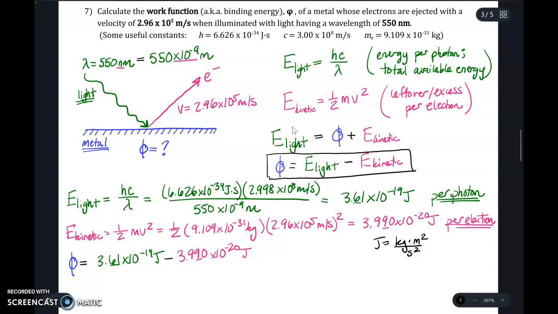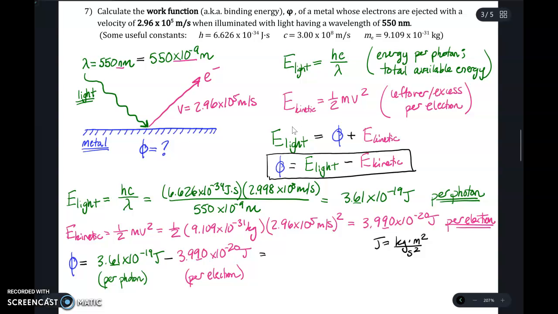And remember, right, this is the per photon value, and this is the per electron value. And that makes sense also from the standpoint of, one photon transfers all its energy to one electron, right? So this process is a per particle process.